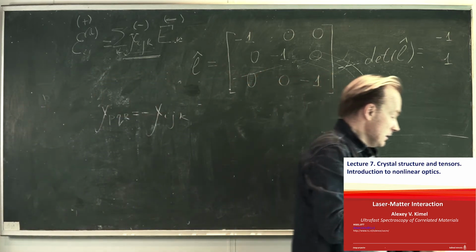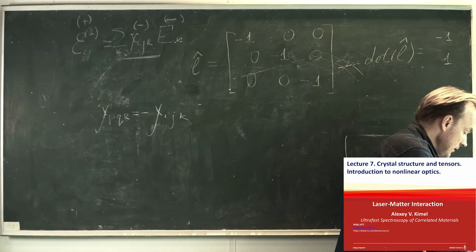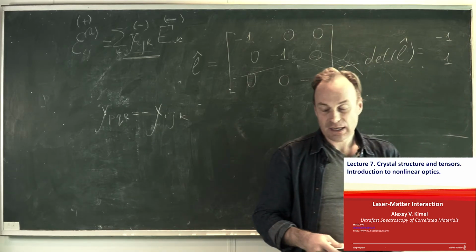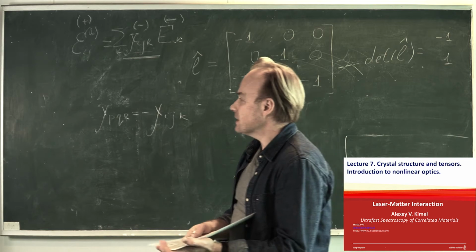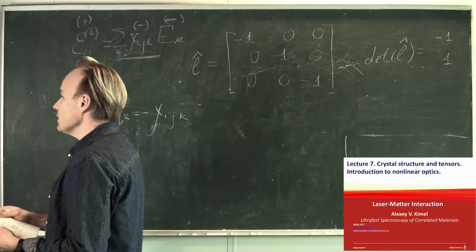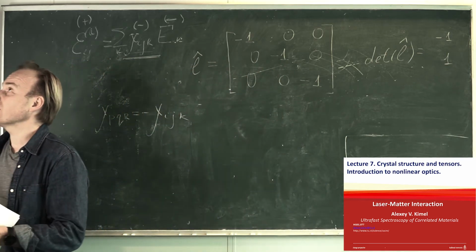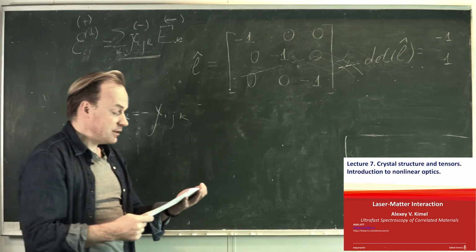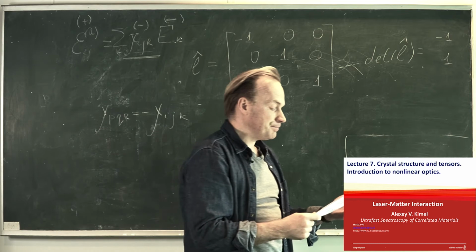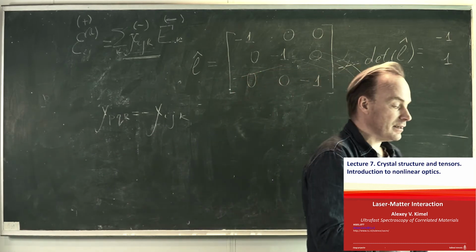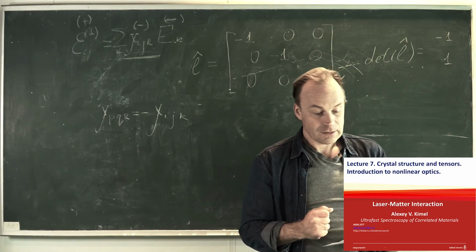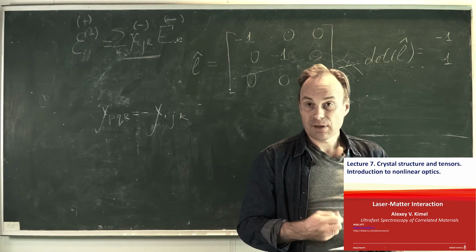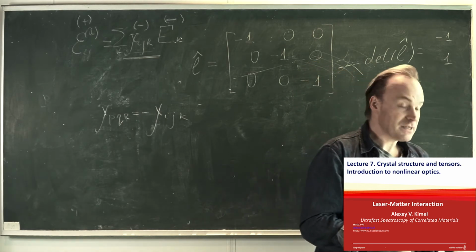But if you look at the majority of all crystals around us, or all media around us, we will realize that the majority of all media, condensed matter media around us, are crystals. And it happens because regular position of atoms appears to be energetically more favorable than irregular position of atoms.